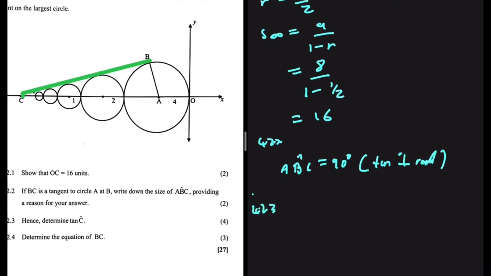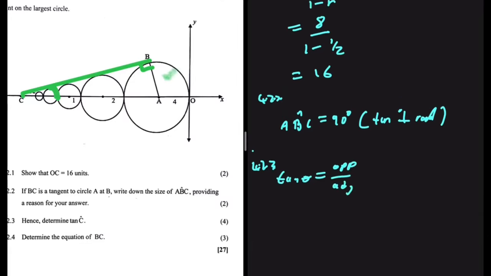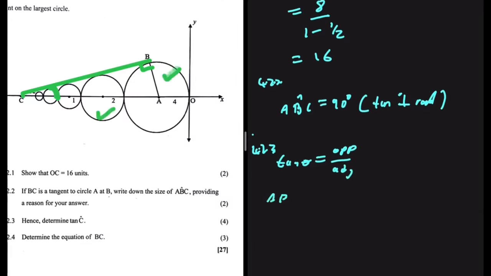4.2.3, hence determine tan of angle C. So we're looking for tan of this angle right here. Well, now we have a right-angled triangle. This angle here is 90. So AC is our hypotenuse. Tan of theta is equal to the opposite divided by the adjacent. So the opposite is AB. So what is AB? AB is equal to 4 units.